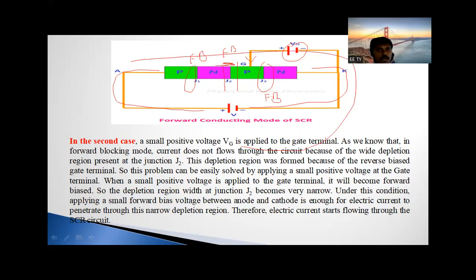Clear? This is the path the current will flow, indicated by the green line.